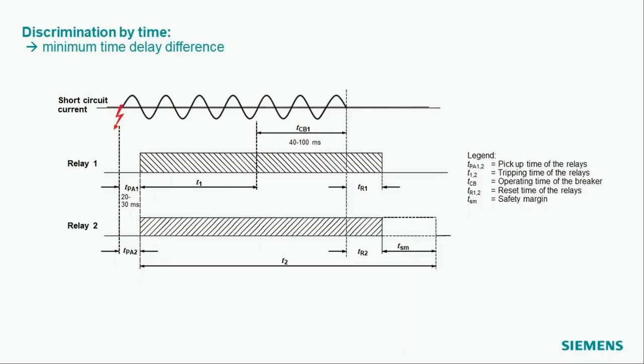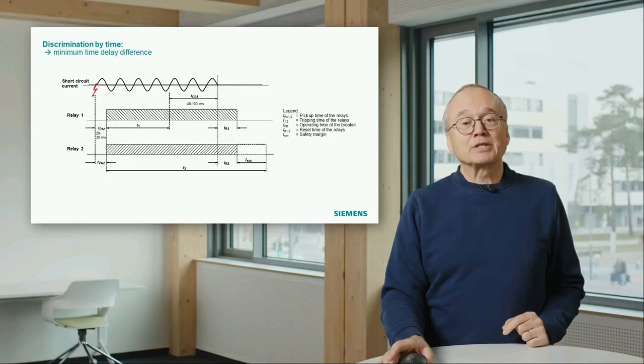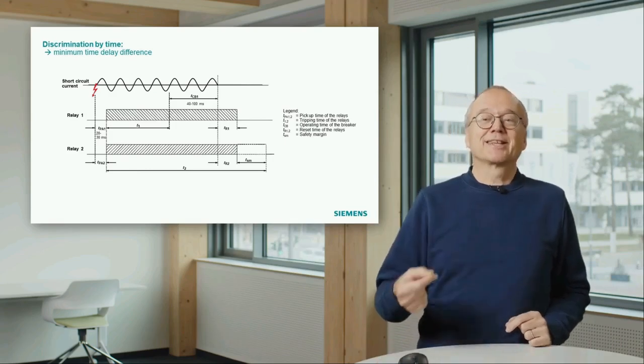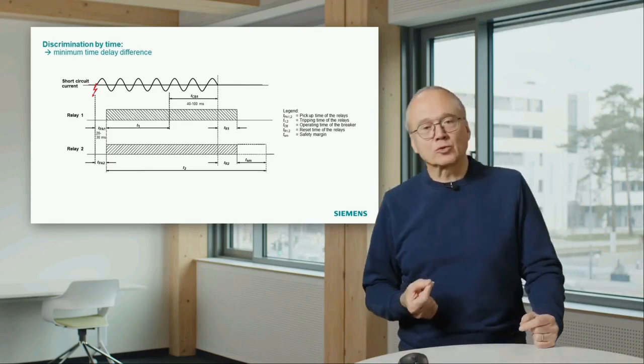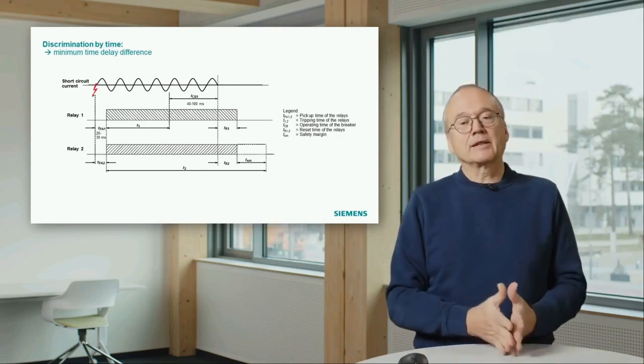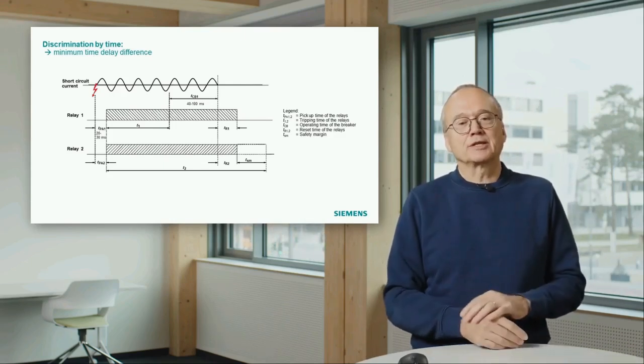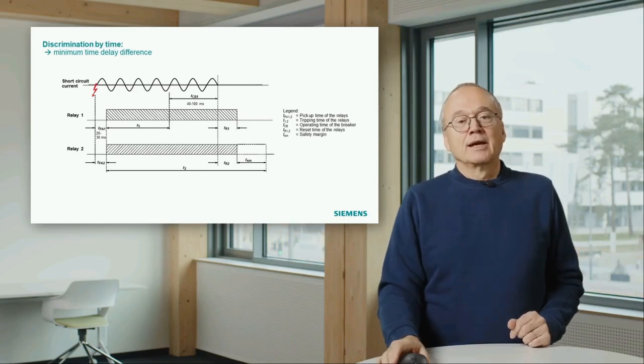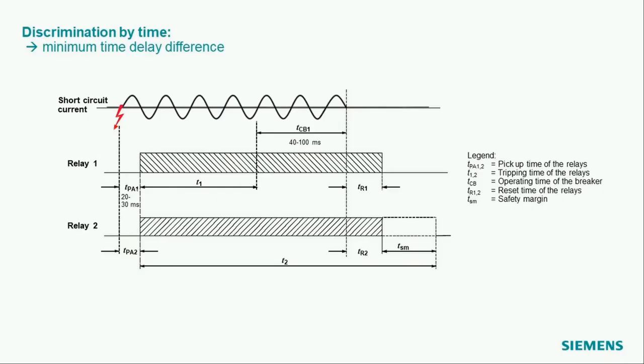And we must be careful that, remember, relay 2 is expected not to trip. And then after the fault has gone, relay 2 needs some time to detect that the fault has gone. That's the so-called reset time. Again, that depends on the algorithms, on the data window of the algorithms. So we must be careful that the timer of relay 2 does not elapse before the reset time is over.